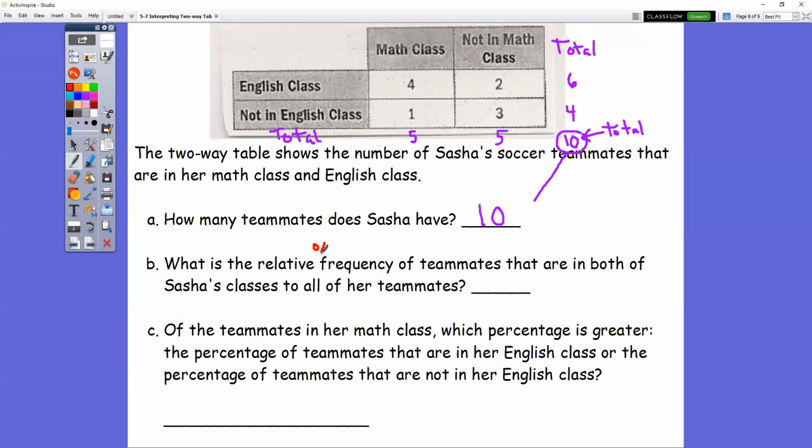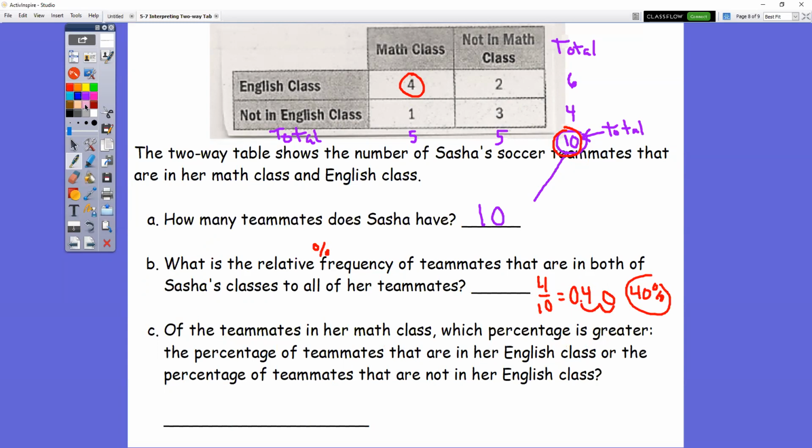So what is the percent of teammates that are in both of her classes to all of her teammates? So in her English class and in her math class, there are 4 of her teammates compared to the total number, which is 10. So 4 out of 10, top divided by bottom, you get 0.4. Move your decimal point over 2 places, you get 40%.